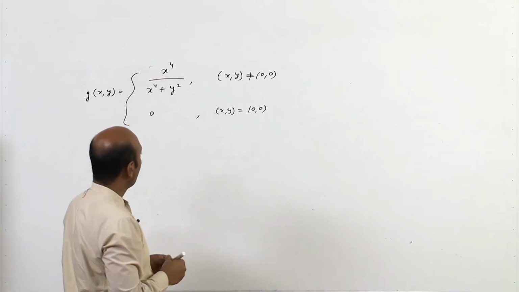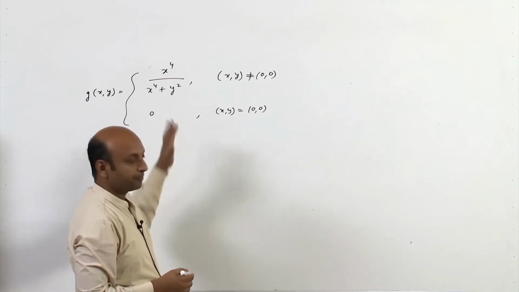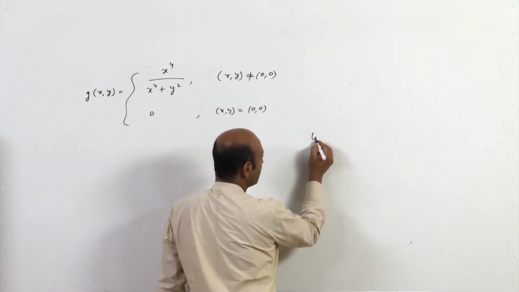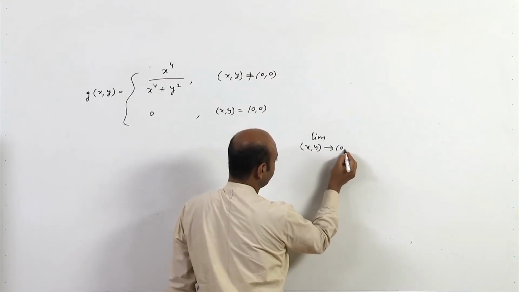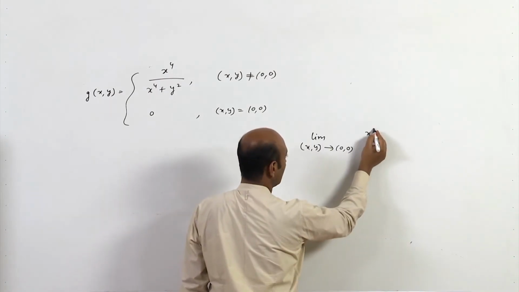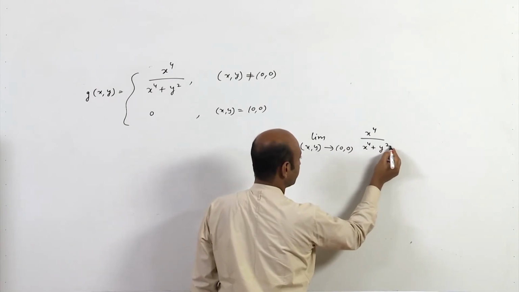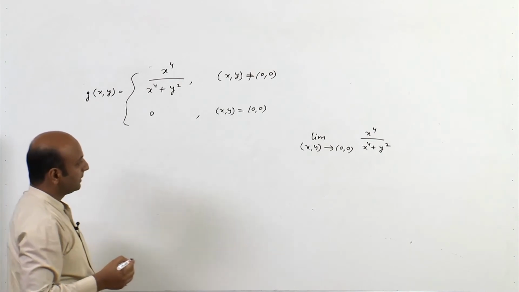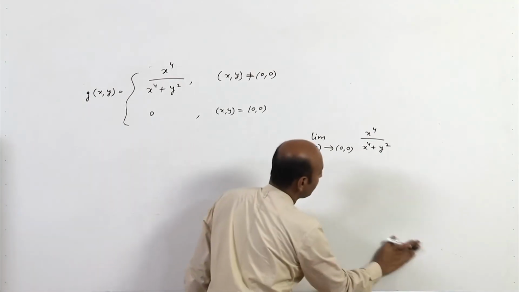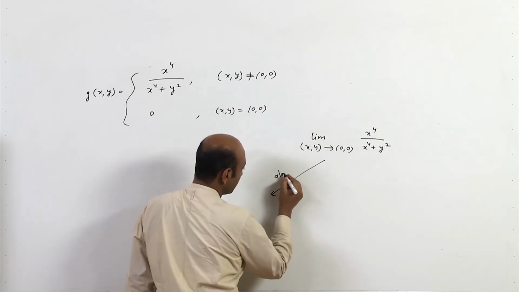Now again we have to check whether this function is continuous at the origin or not. So first we will see whether the limit of this function exists or not. So let us move along two different paths, or let us first move along y equal to 0, say.